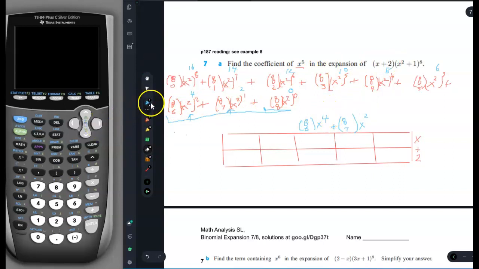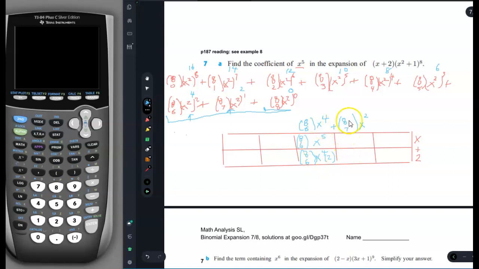let me now multiply. So if I'm going to multiply this times this, I would get 8 choose 6, x to the 4th times x, which would be x to the 5th. That looks good, doesn't it? If I multiply this times this, I would get 8 choose 6, x to the 4th, and times 2, right?